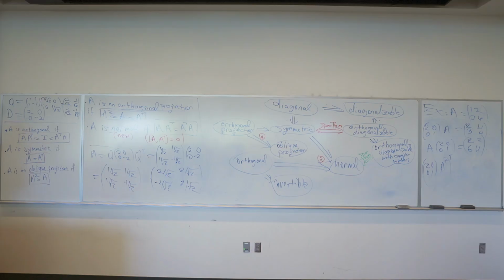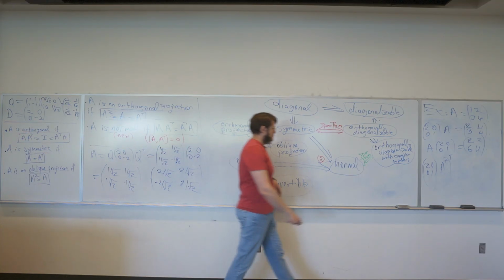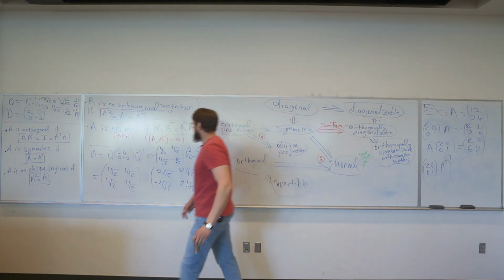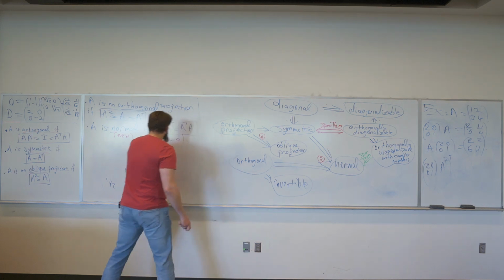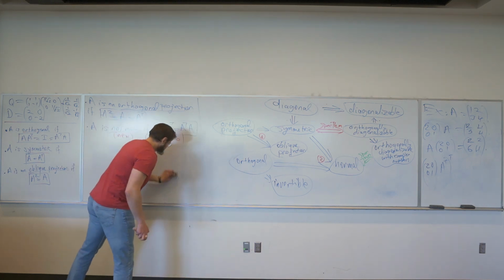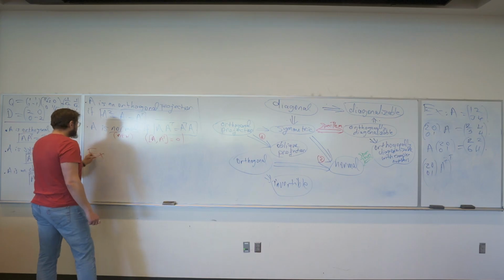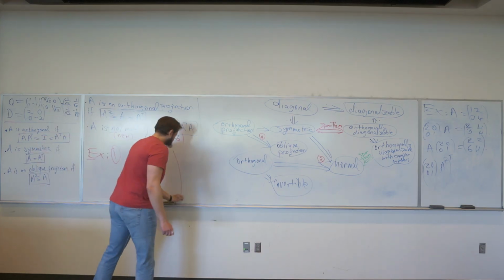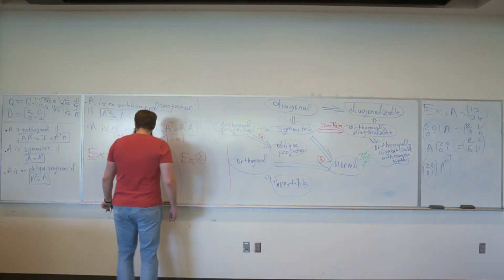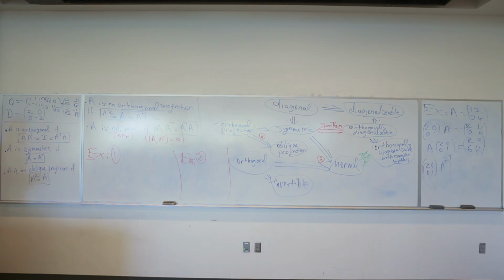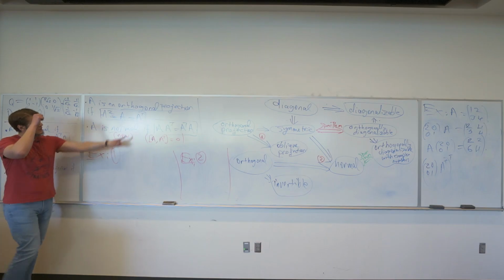So for instance, I think for one, I came up with this example in class before. Again, I'm going to stick to 2 by 2. I need an oblique projection that is not an orthogonal projection. So I need a matrix A whose square is itself, but is not symmetric. Okay?